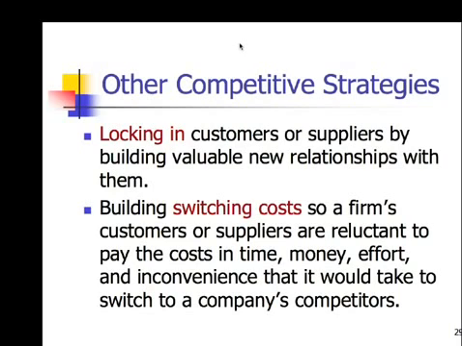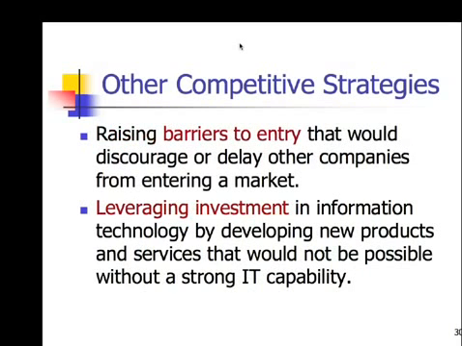You might call that retention or loyalty as well for customers. Or building switching costs so that the firm's customers and suppliers are reluctant to pay the costs that it would cost them to switch from your company to another company. More competitive strategies in terms of how you can use IT to lock your customers in.